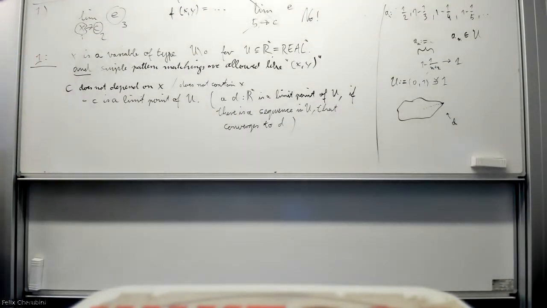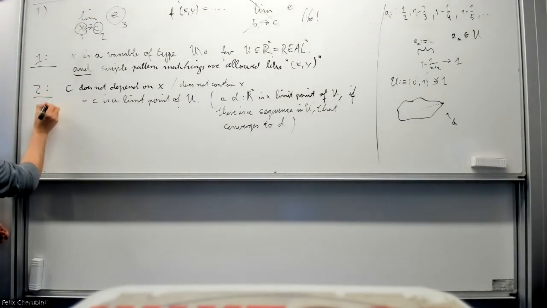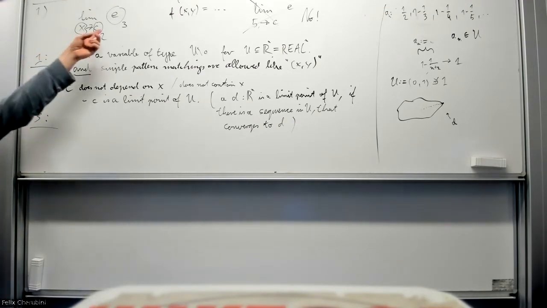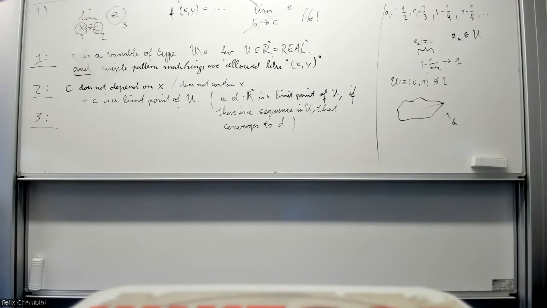So last one. This was part 2 of our expression, and now part 3 is E. What is it allowed to be? It's some expression. As a function, what is it?